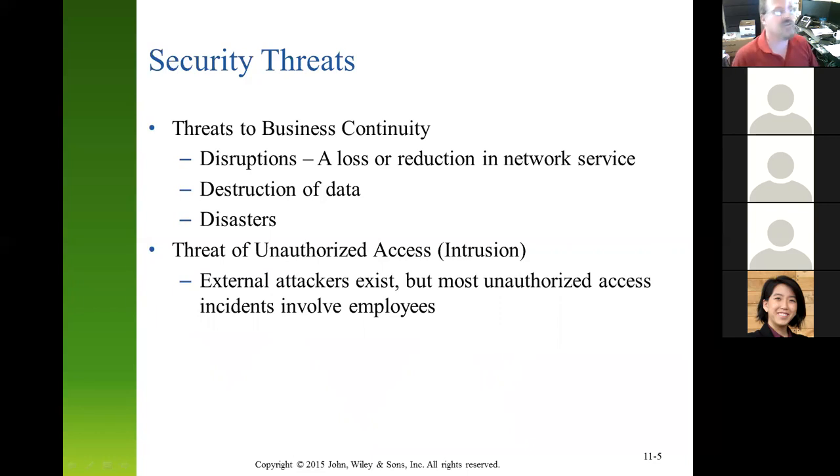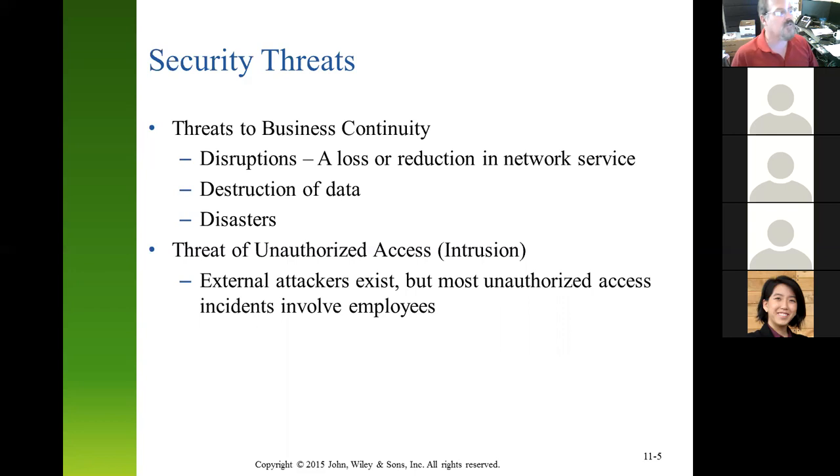Threats to business continuity, that is being able to continue doing your business, include these three general groupings: disruptions, which is a loss or reduction in network services, usually just temporary; or destruction of data, my data's gone; or disasters such as Hurricane Harvey or COVID-19, which is, I would say that's a federal, or no, that's not a federal disaster, that's a world disaster, isn't it?